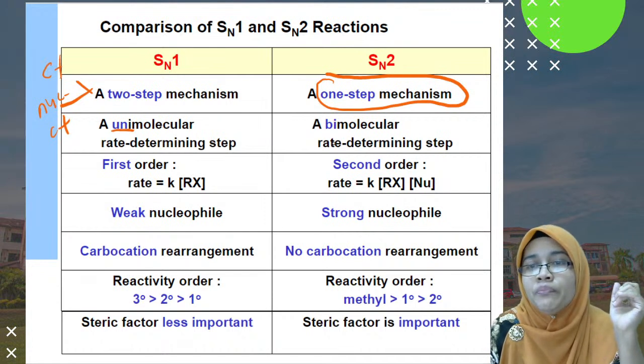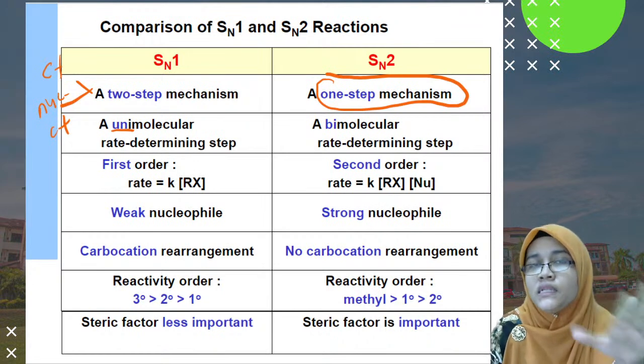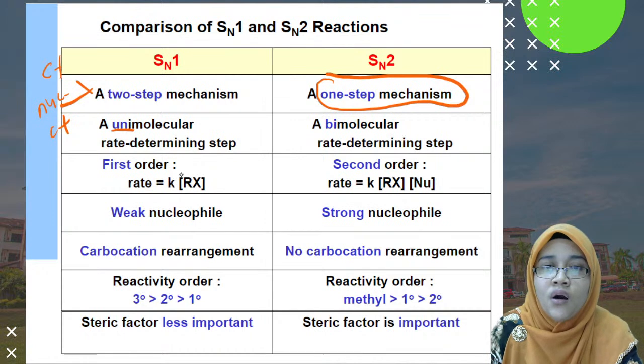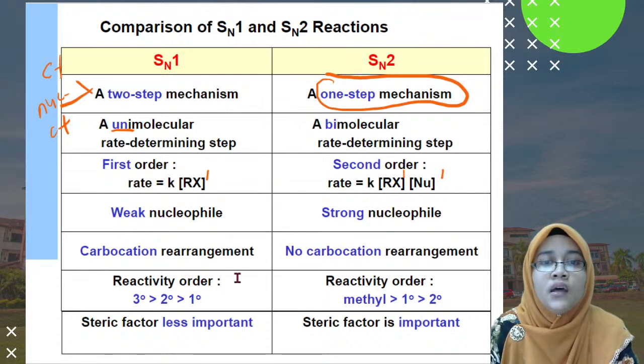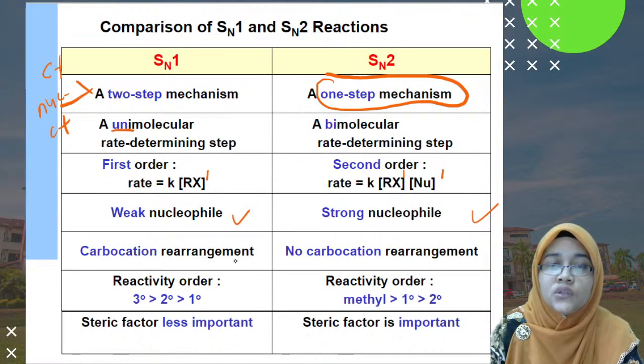For Sn2, haloalkane and also new nucleophile both is involved to determine the rate of reactions. The order of Sn1 1, the order of Sn2 2. Alright. So usually nucleophile Sn1 involve weak nucleophile and strong nucleophile for Sn2.